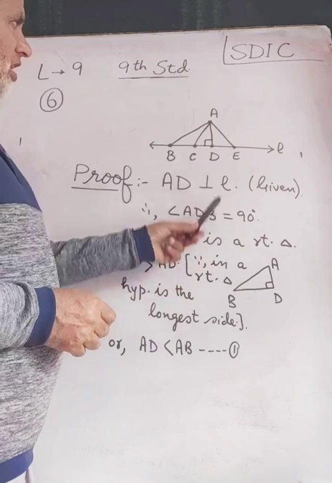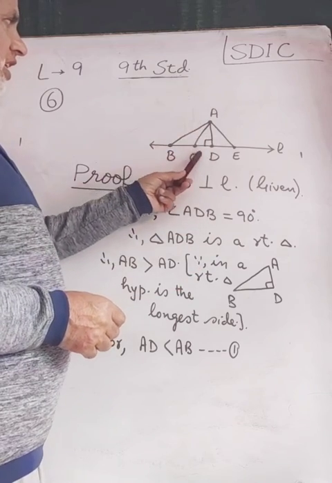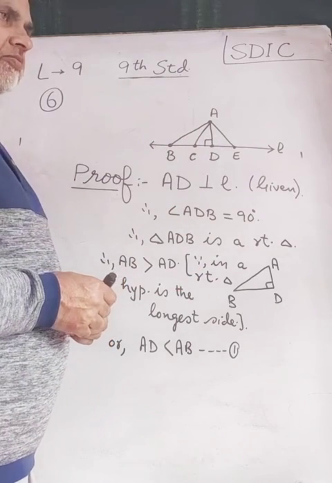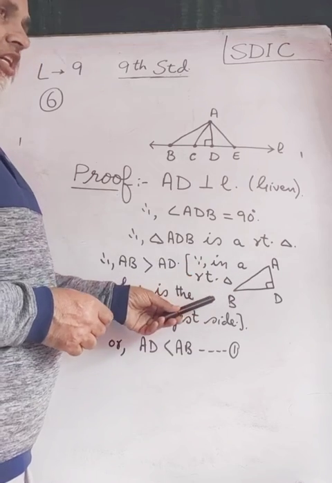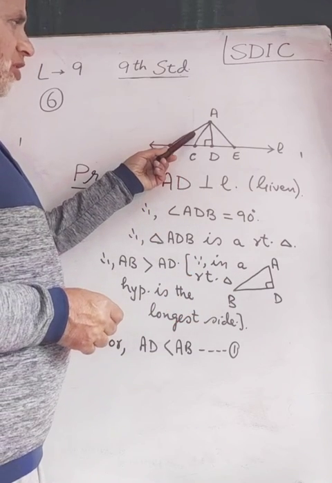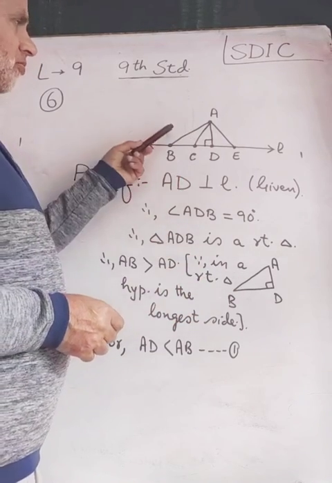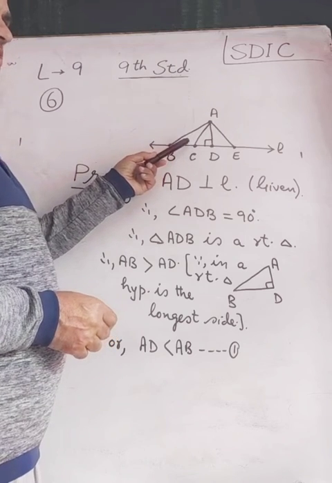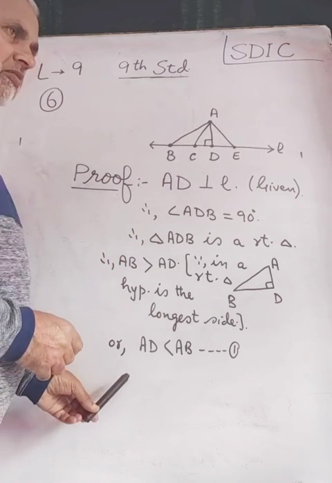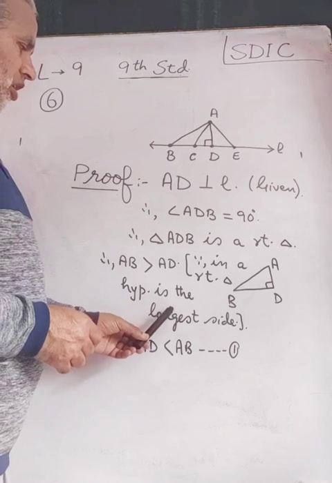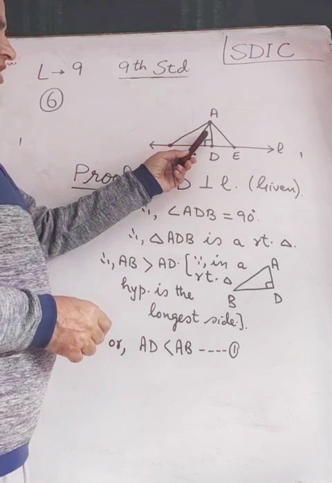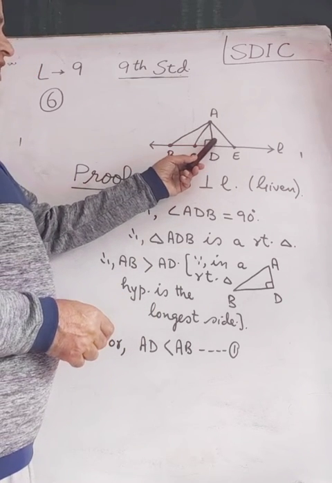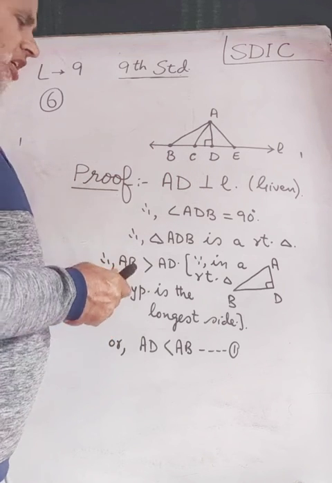Now, if similarly we use another right triangle there, ADC, instead of ADB, this time AC will be the hypotenuse instead of AB. By using the same procedure, hypotenuse is the longest side. We'll say therefore AC is larger than AD, and in turn it will mean AD is shorter than AC.